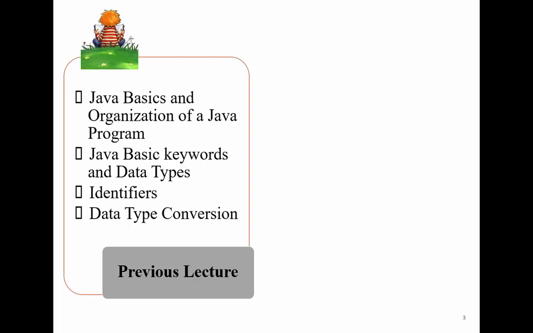And we discussed Java basic keywords and data types: Booleans, integers, doubles, most of the data types. Identifiers, we discussed how we name the variable inside our project or inside our API, how we name the class, and also we discussed some data type conversions.